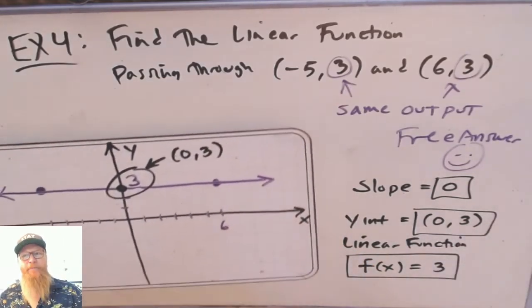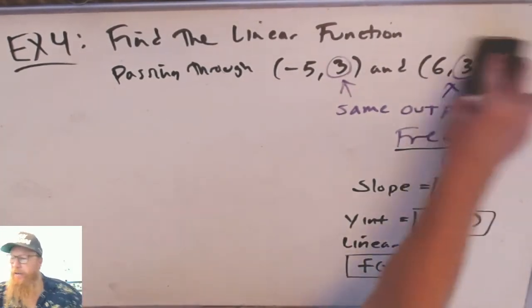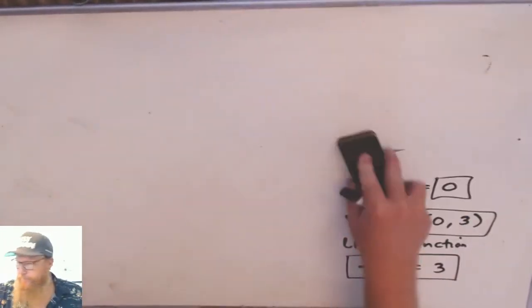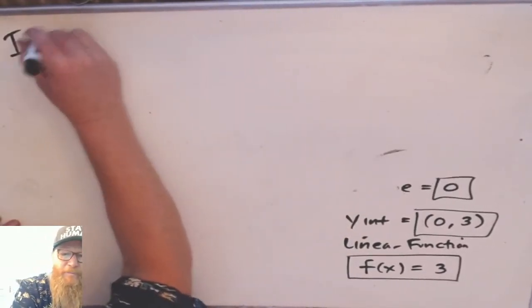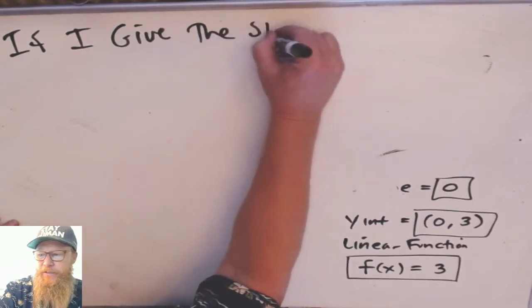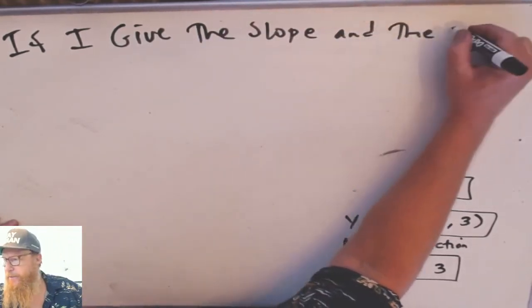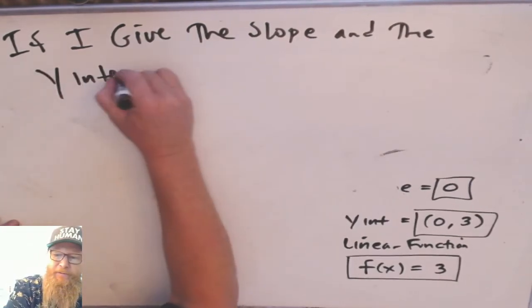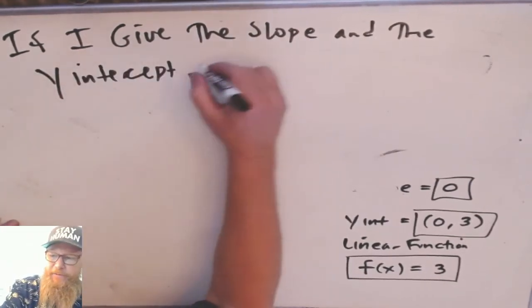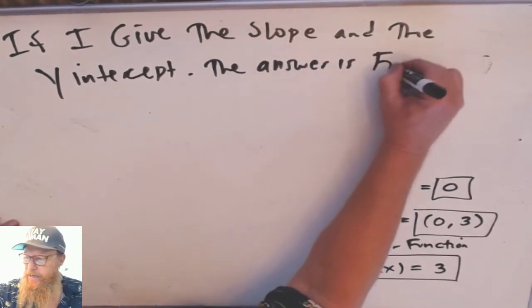So that's one type of free answer, horizontal. I'll give you another free answer. If I give you the slope and the y-intercept, the answer is free.